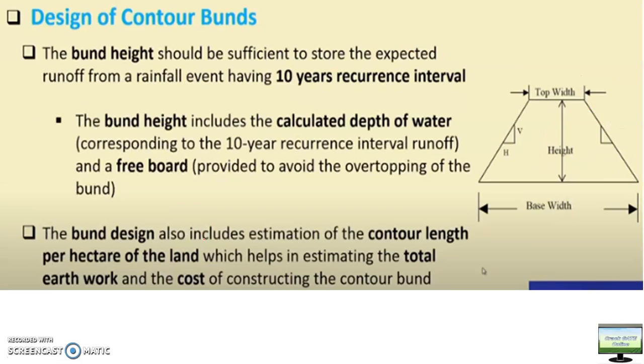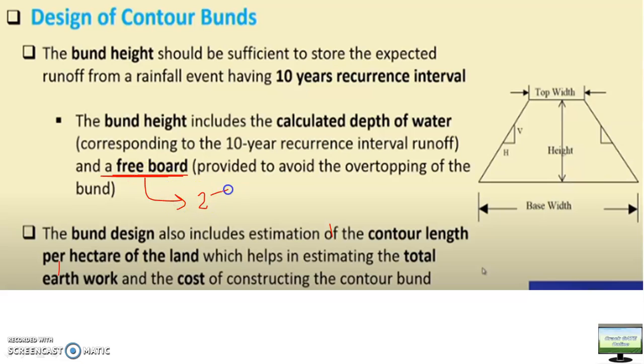And the bund height, I told you the formula, that under root 2 RE HI, where RE is 24-hour excess rainfall or the rainfall for 10 year recurrence interval. So that is written here. And as in previous example, I told you, you need to take the freeboard as 25%.